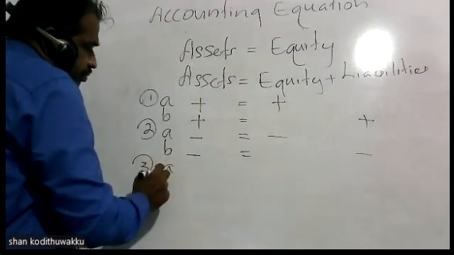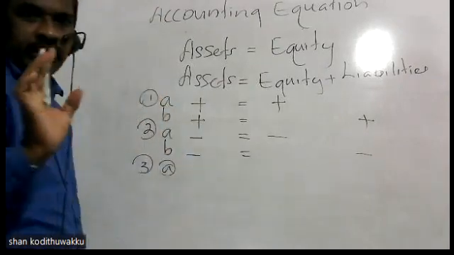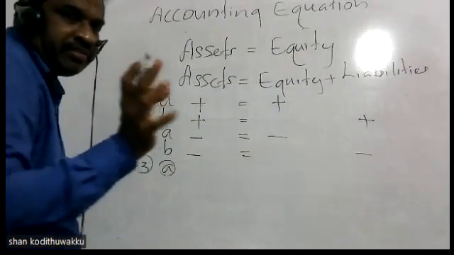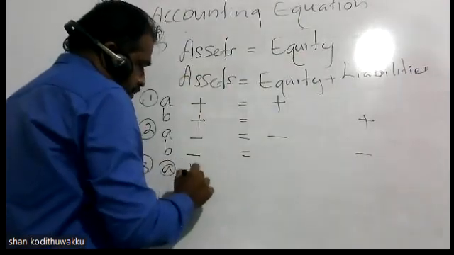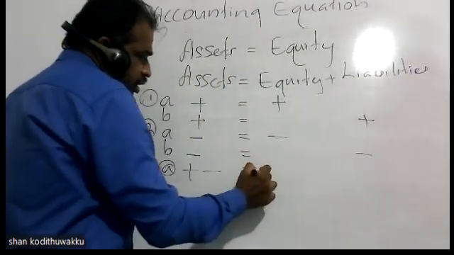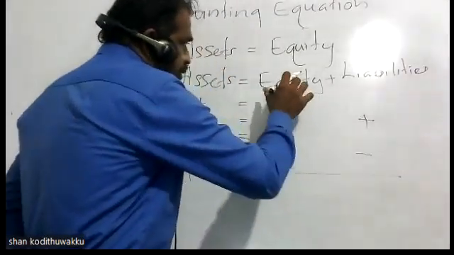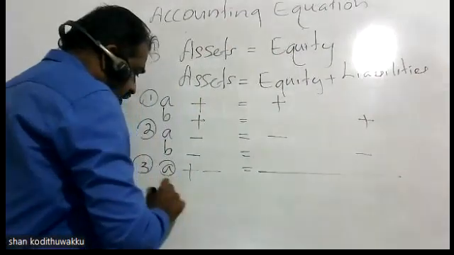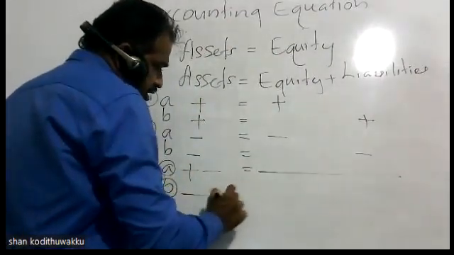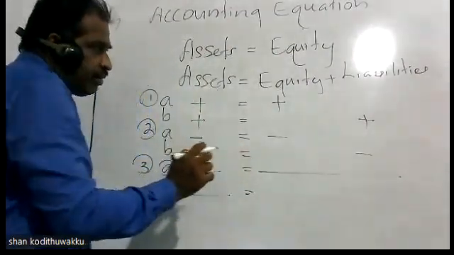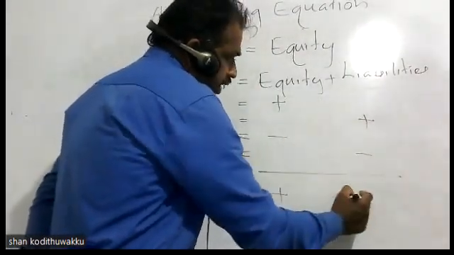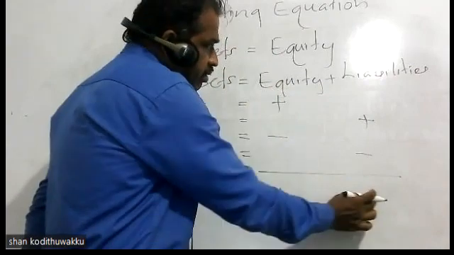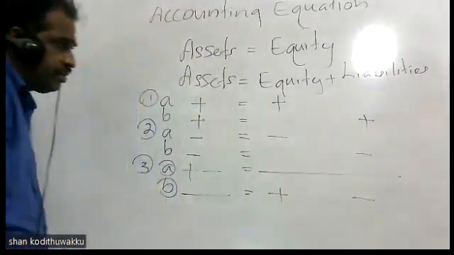part A, you can have an increase and a decrease both only on one side, plus and minus. No change under both equity and liabilities. Part B, no change in assets, but a change in equity and liabilities: increase equity, decrease liabilities.